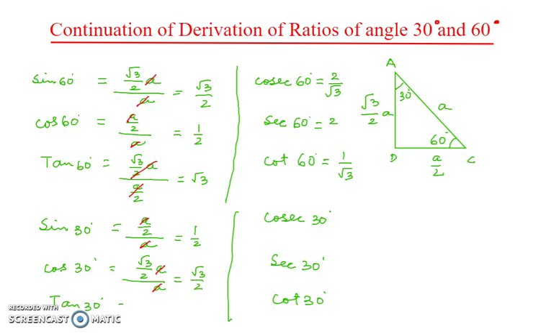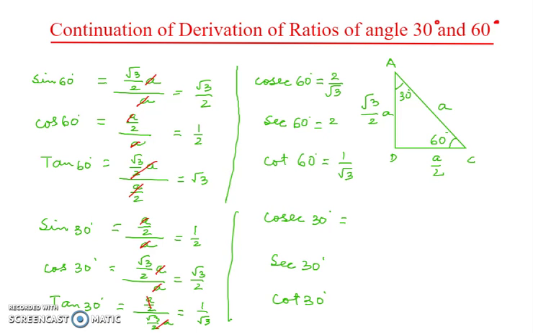In the same way, if you want to find the value of tan 30, opposite upon adjacent, right? So opposite is A upon 2, adjacent is nothing but root 3 upon 2 times of A. So what happens? A upon 2 will get cancelled out, and you will get only 1 upon root 3, right? I request once again to check this calculation properly and try to do it yourself as well, and then you can verify.